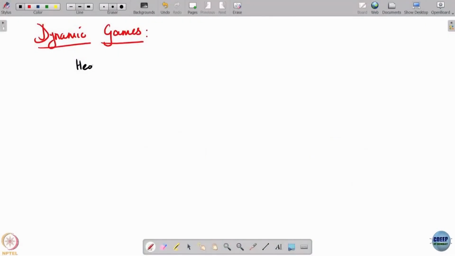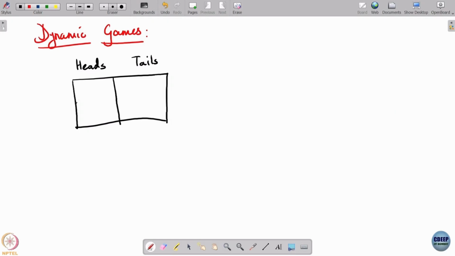So let's take the example that we had looked at in the last class, right? It was this game of matching pennies. I had looked at the asymmetric version, but here's the symmetric version. These are the payoffs.